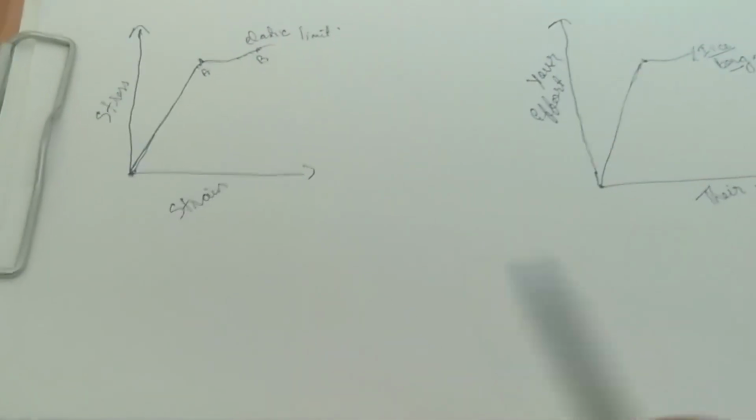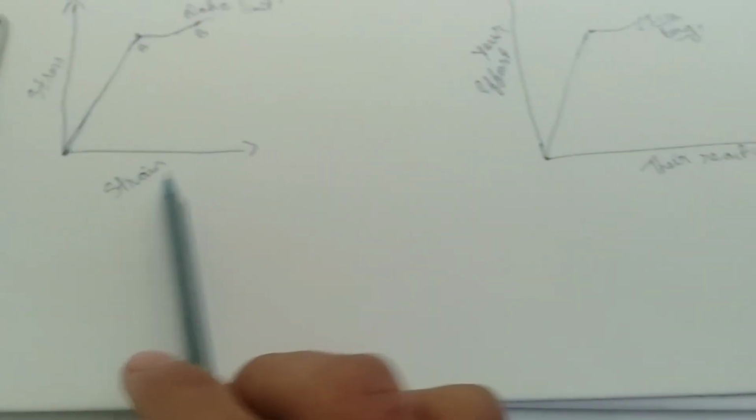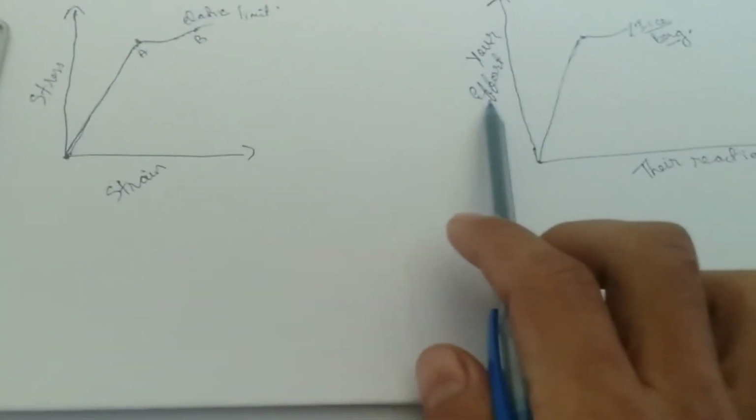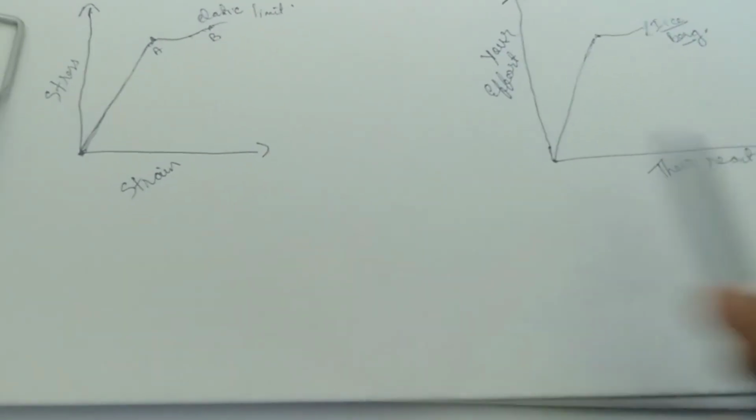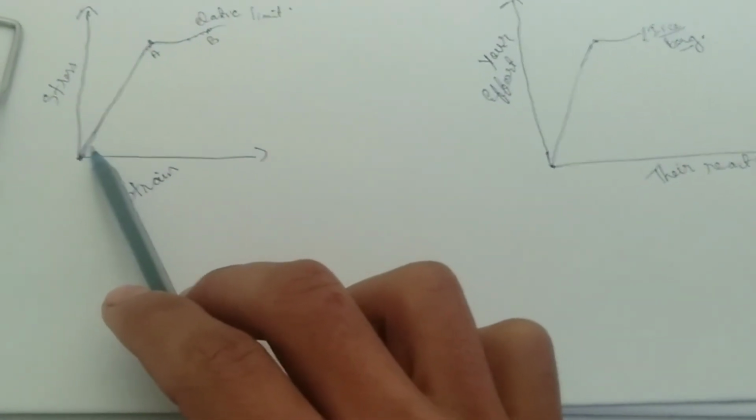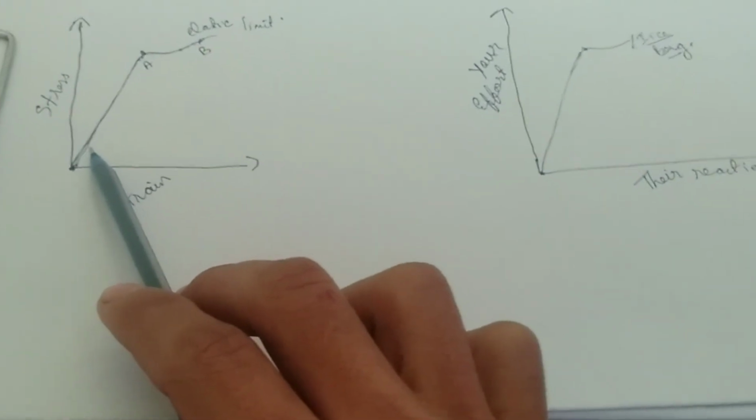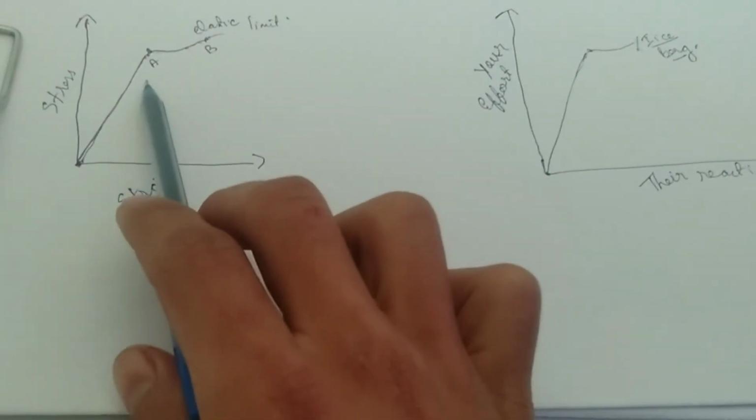Like the stress and strain curve, and your effort and their reaction. At first, if you give in enough pressure, the strain would be produced more and more. Your effort, if you give in, you will produce more and more. So you don't want it to reach here, the breaking point of your relationship.